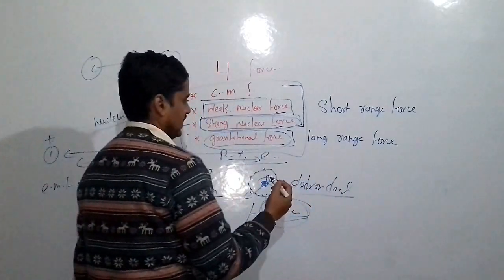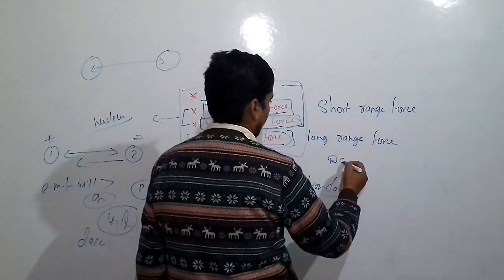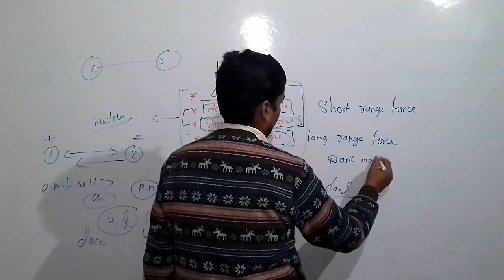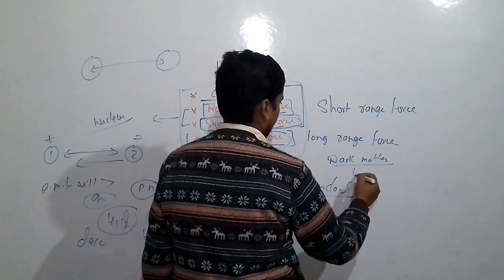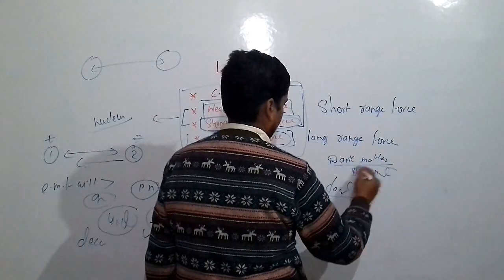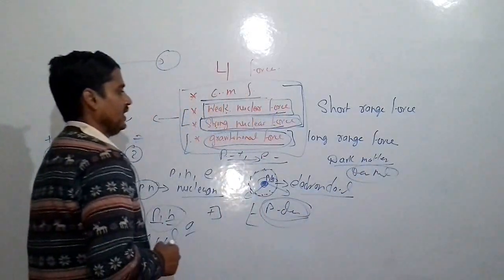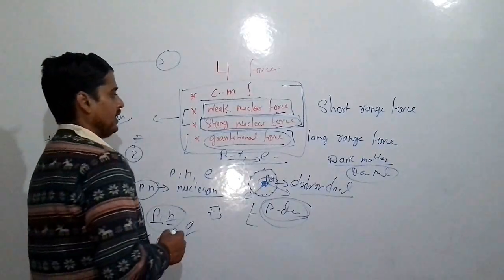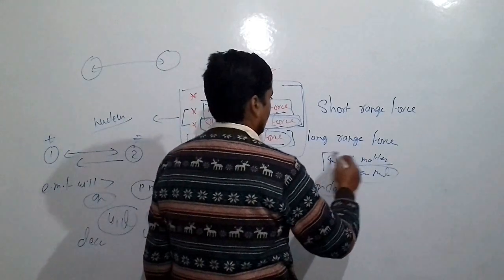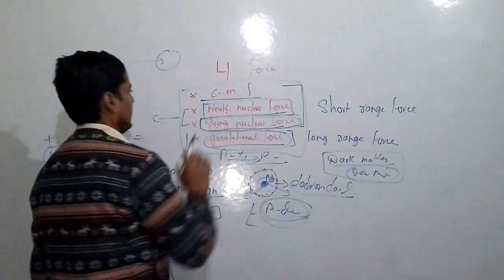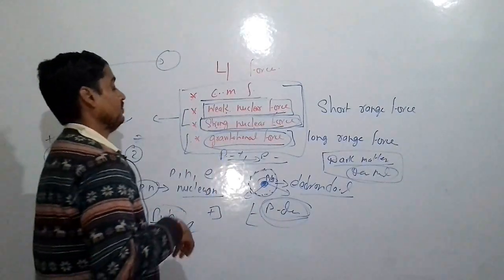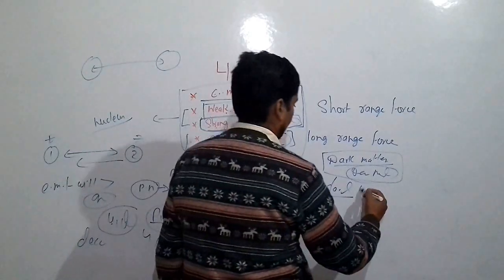In the past decades, there has been a discovery of dark matter and also dark energy. There is a possibility that this dark matter and dark energy are governed not by these four fundamental forces but by other unknown forces.